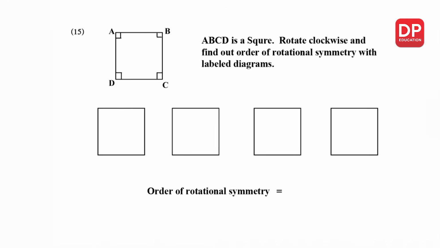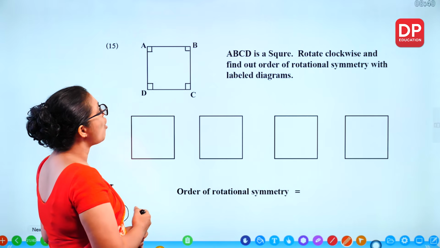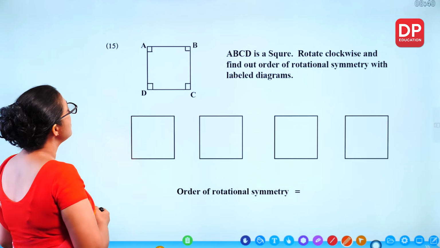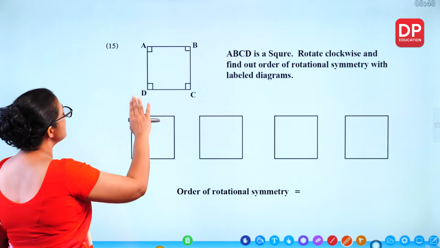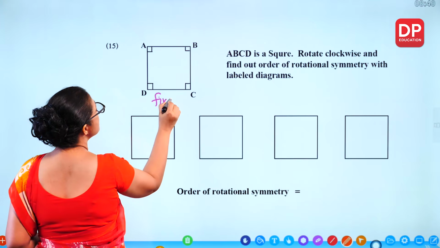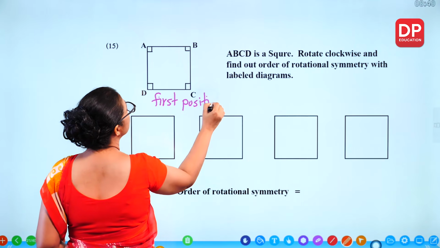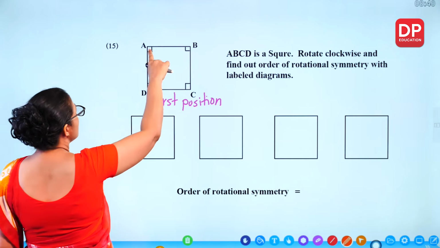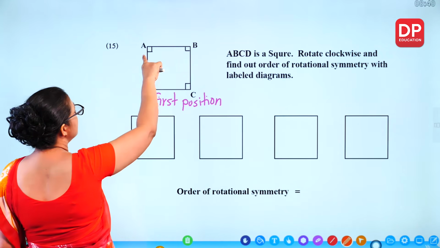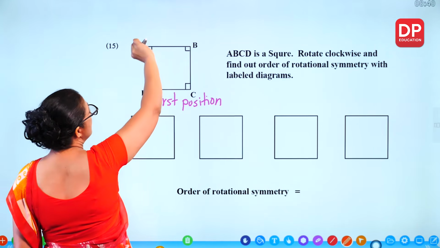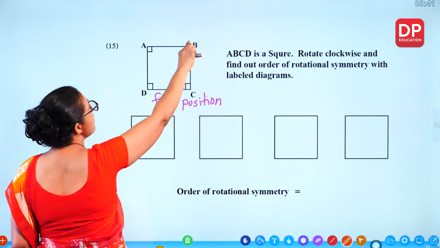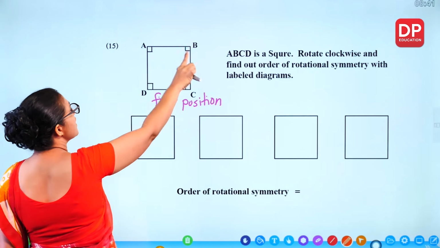Take this square, rotate clockwise and find the order of rotational symmetry with the labeled diagram. Now observe this one. If this is the first position, here A is there. Now we have to look at the order: A, B, C, D clockwise.